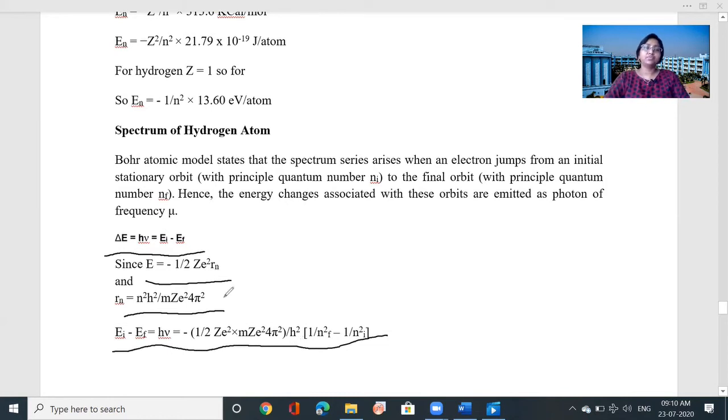You will calculate for the initial orbit where the electron was, then you will calculate for the final orbit where it is now. Then you can calculate the difference of the energy levels. That means how much energy it will release or how much energy it will absorb. And we can draw the spectrum of hydrogen.